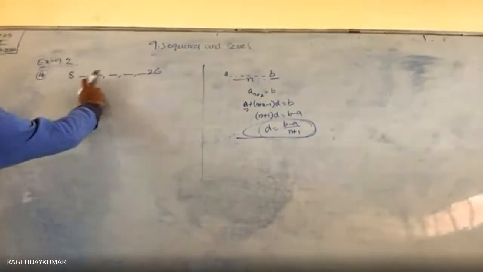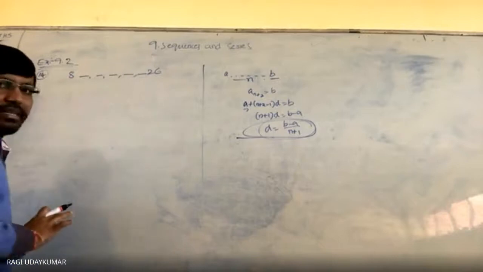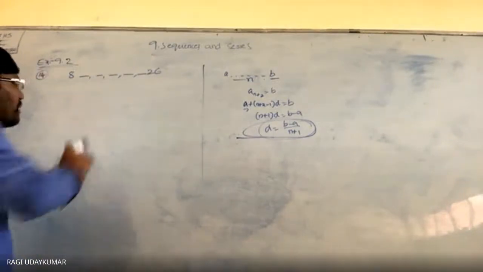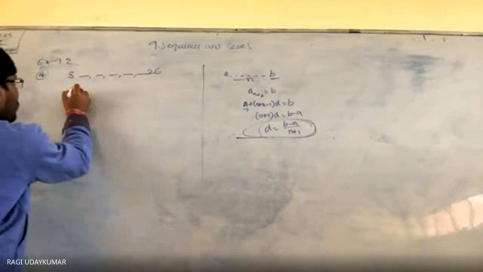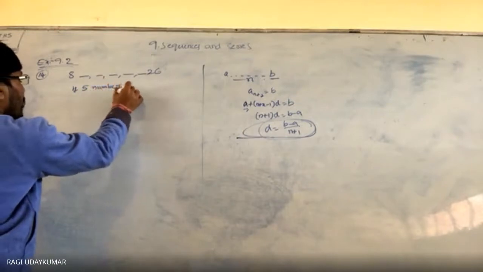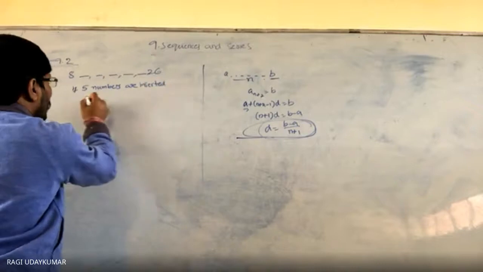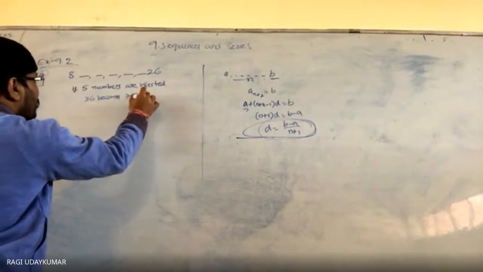When 5 numbers are inserted, 26 becomes the 7th term.